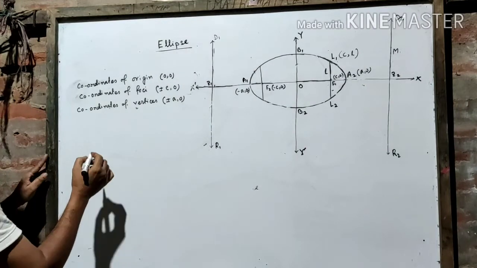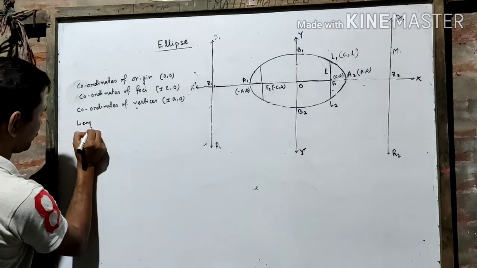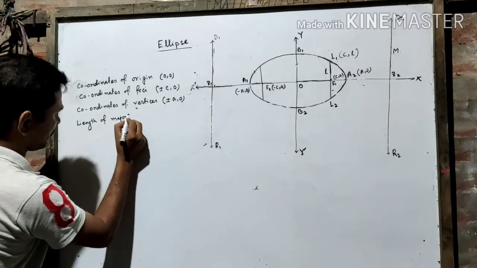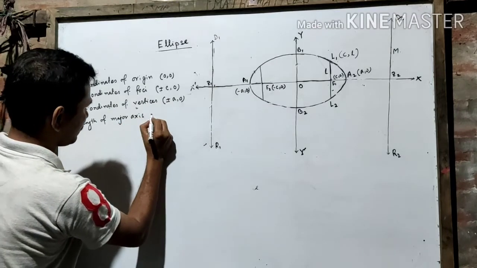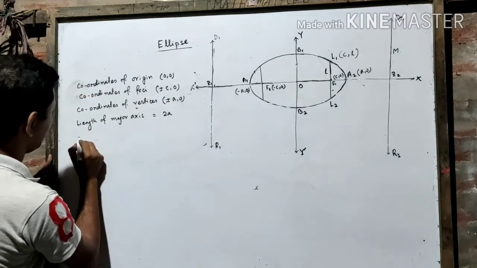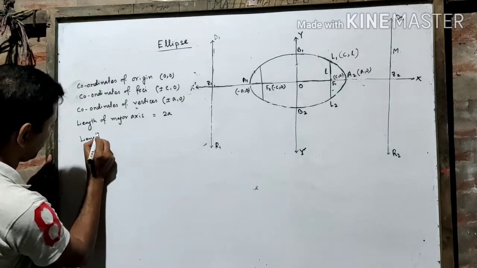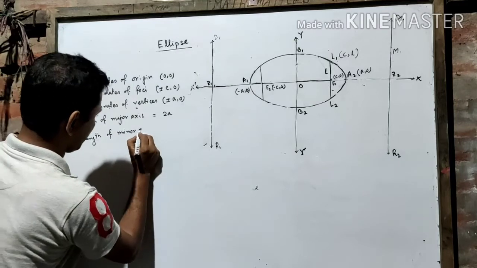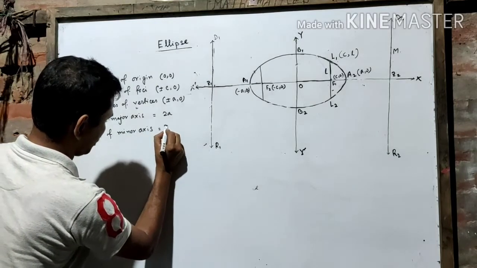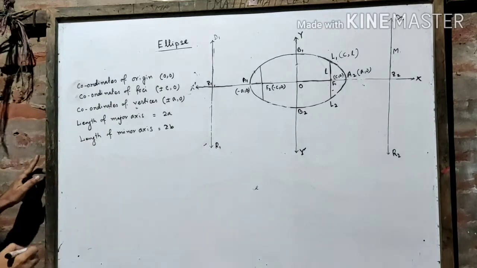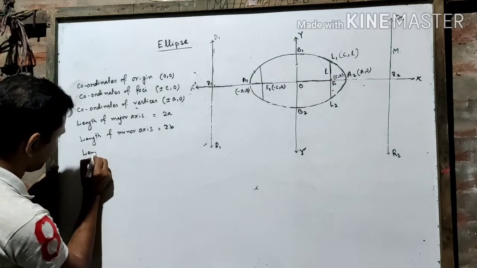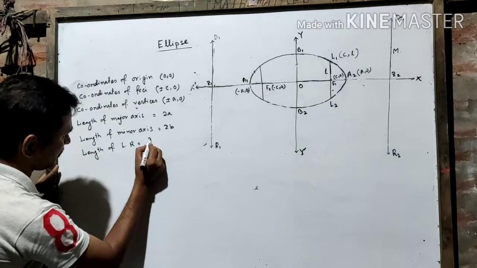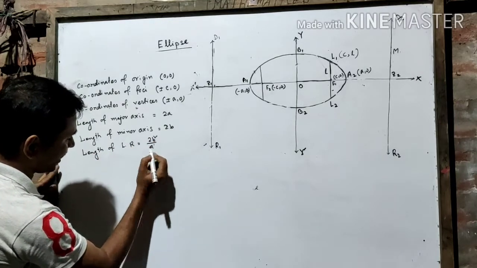Next let's go to the lengths. Length of major axis is twice a, length of minor axis is twice b, length of latus rectum is 2b square by a.